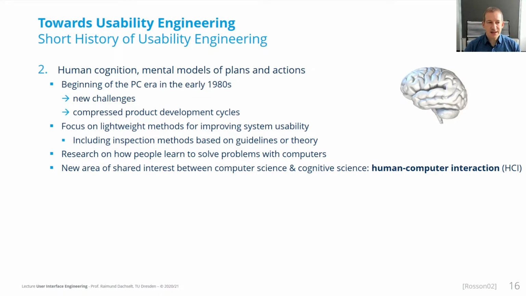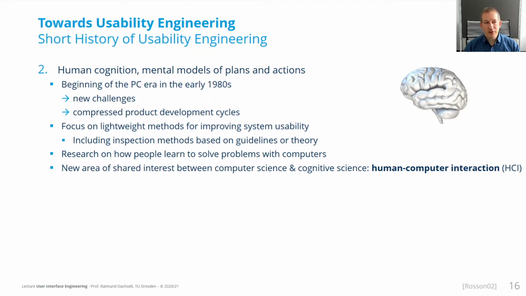And the PC, especially the development of the Apple Macintosh, and before that the Apple Lisa, in 1982, 83, 84, led to a consideration of human cognition and of mental models or plans and actions.